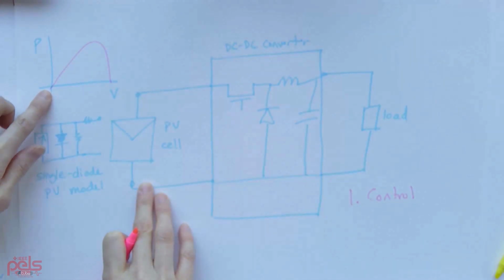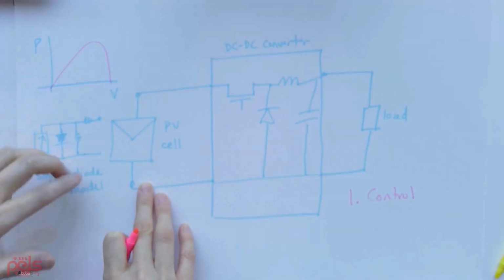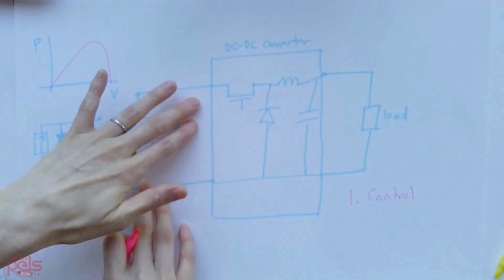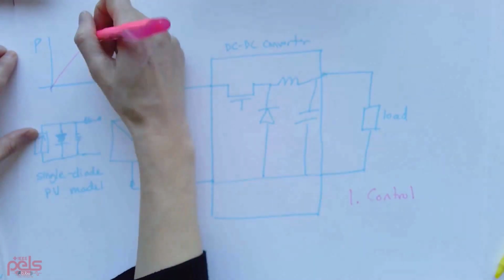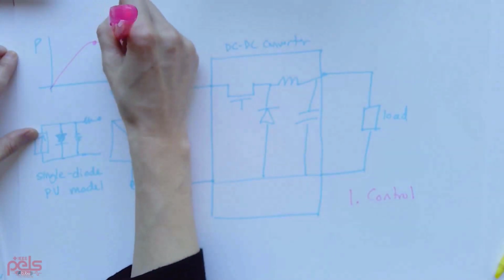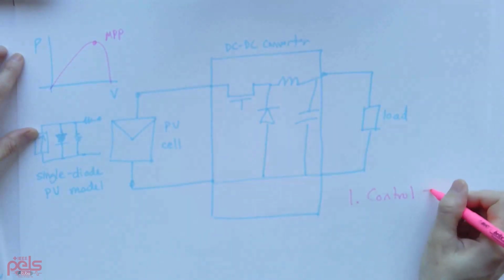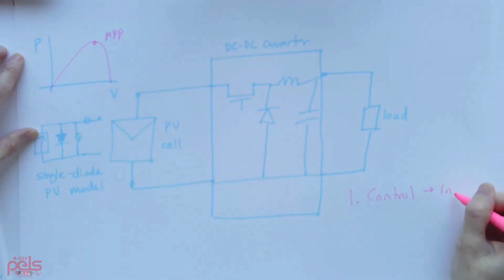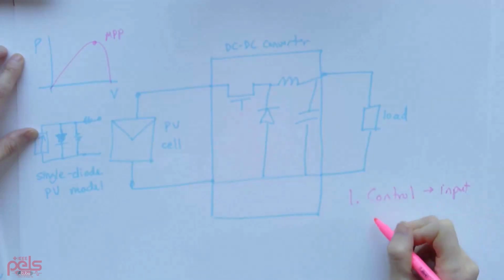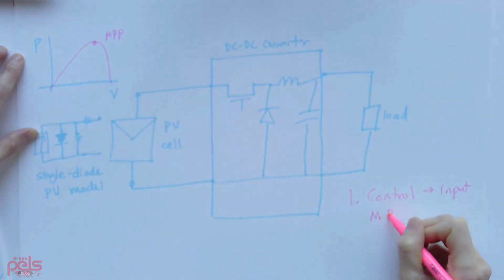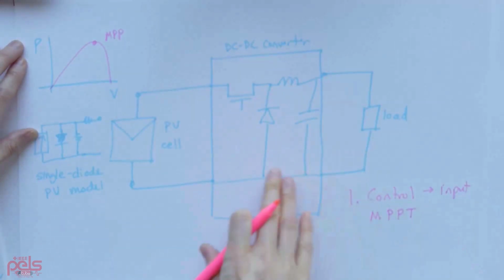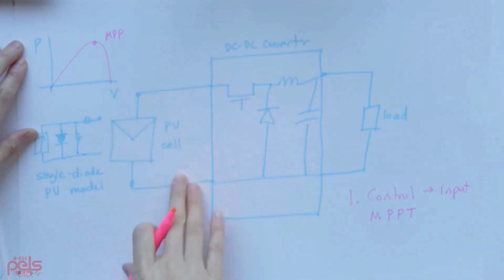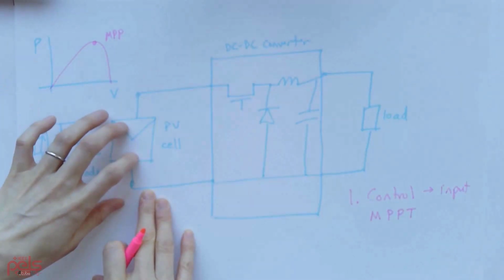So we would be controlling either the voltage or the current or the impedance characteristics of the input to control this PV cell at the point. Say we want to go to the maximum power point. And so you will be controlling the input, and often you'll be using a maximum power point tracking algorithm to do control on the input side.